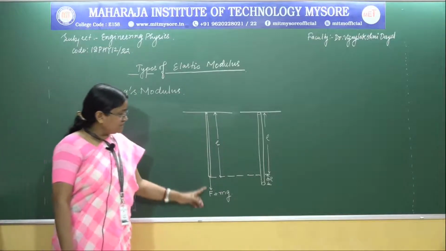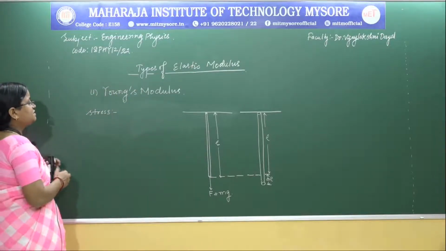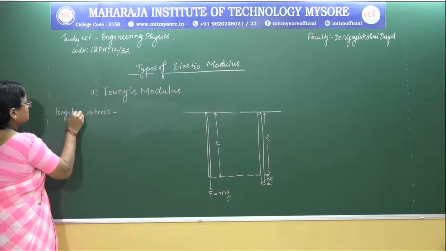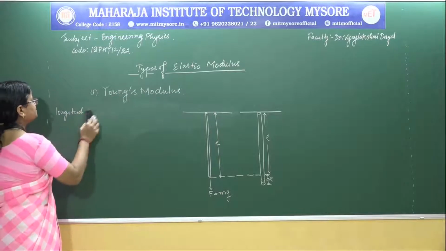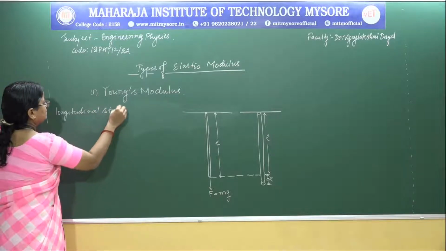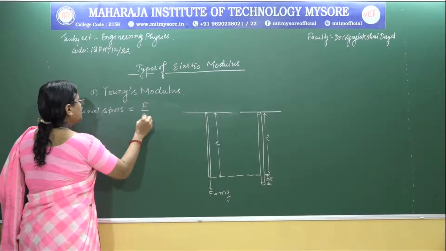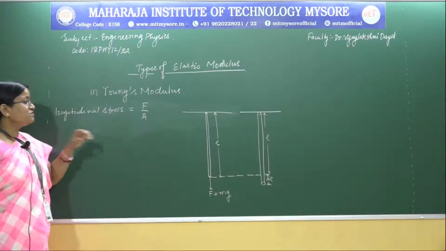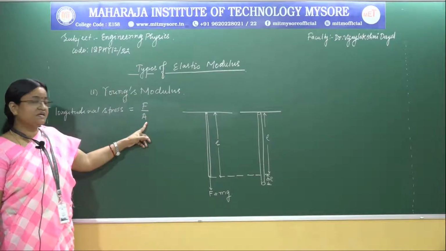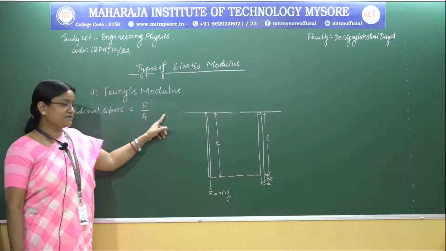As the force is applied along the length of the wire, we call this longitudinal stress, equal to force per unit area. The unit of force is Newton and area is meter square, so the unit of longitudinal stress is Newton per meter square.